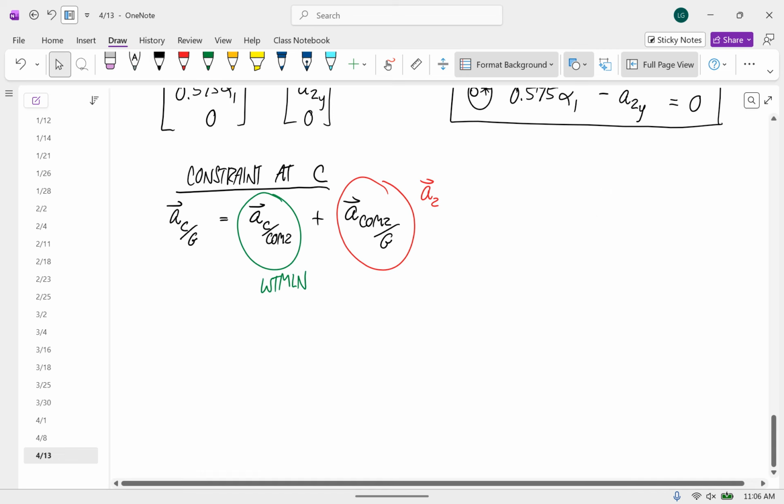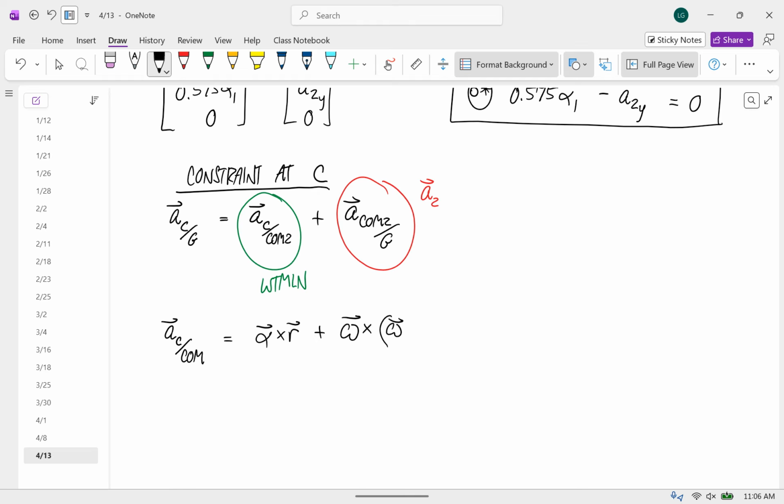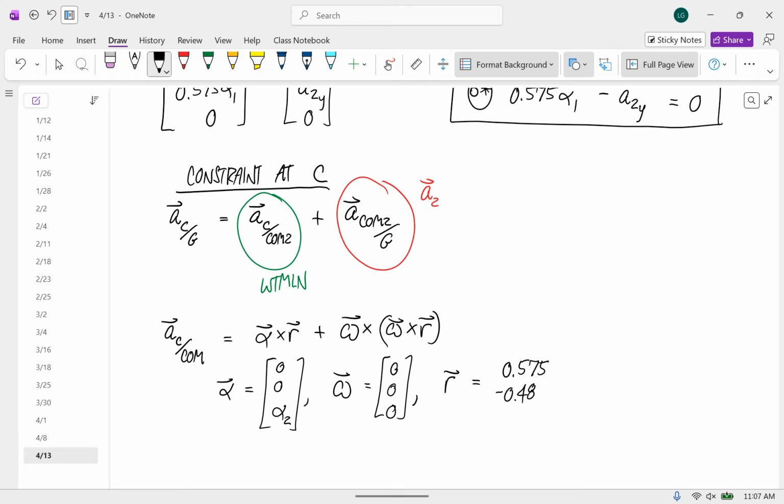So the acceleration of C relative to the center of mass of 2 is alpha cross R plus omega cross quantity omega cross R. Alpha is 0, 0, alpha 2. Omega is 0. R is 0.575, negative 0.482, 0.